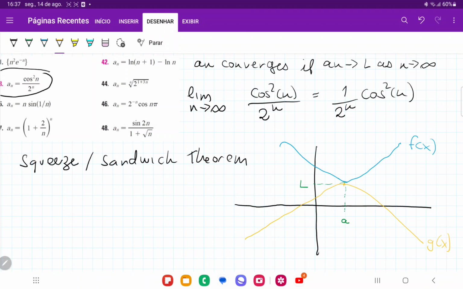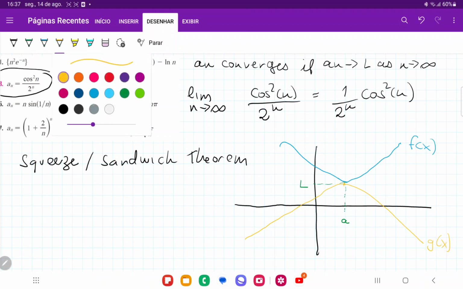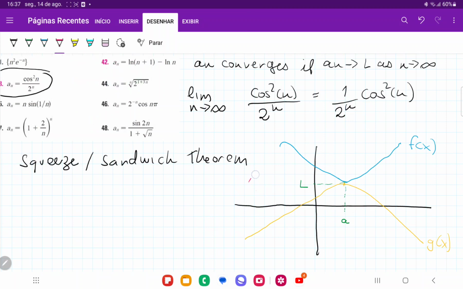I'm going to say that this is g of x. And then say that there exists another function that is less than f of x and bigger than g of x. So it exists maybe here in the middle, and this is h of x.